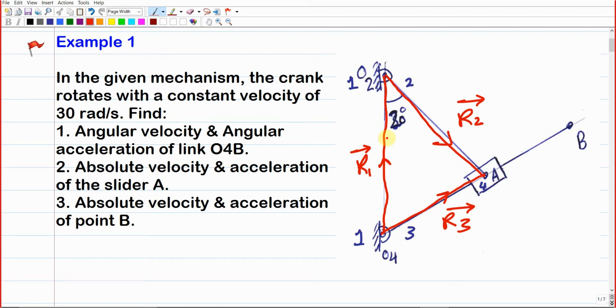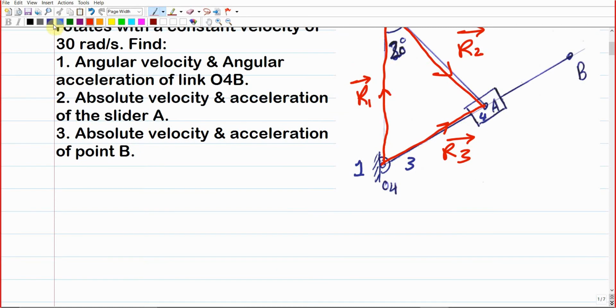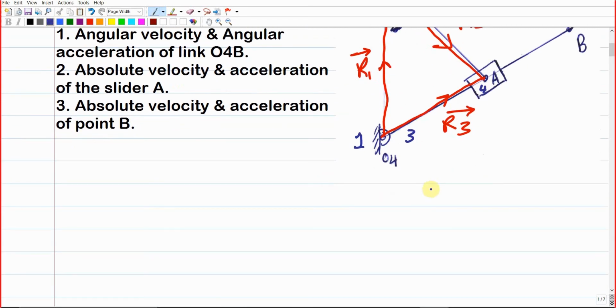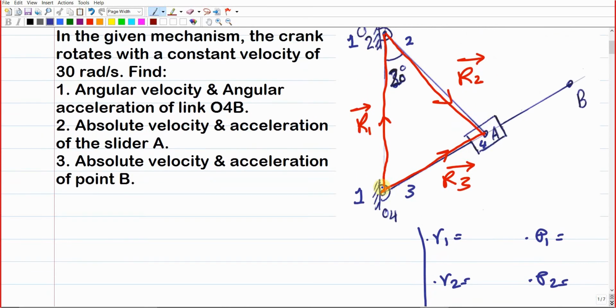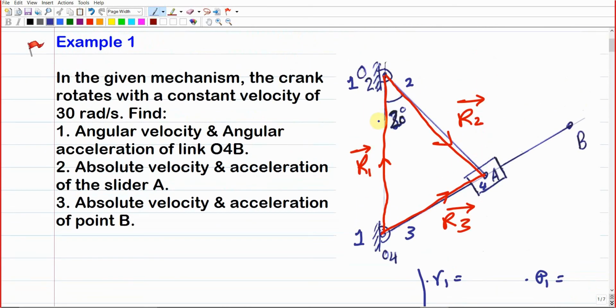So it describes the position or the motion of the slider in addition to the rotation of link 3. So in general, we have 3 position vectors, and our objective is just to identify each one of these parameters: how much is R1, how much is theta 1, how much is R2, how much is theta 2 as usual, and R3 and theta 3. Make sense? So if I ask you how much is R1, it should be the distance between O2 and O4, right?